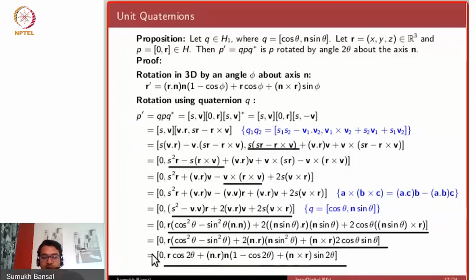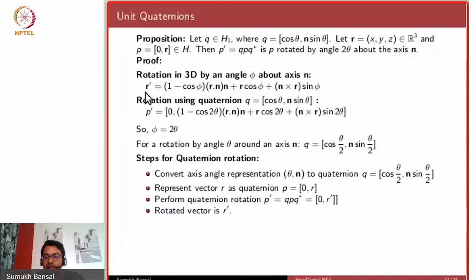We are just interested in the vector part of it, because that is how you design the quaternion from the vector you wanted to rotate. When we wanted to rotate vector r, we converted it into a quaternion represented by p. And now, because this is the rotated quaternion, to get the rotated vector r we are just interested in the vector part of it.